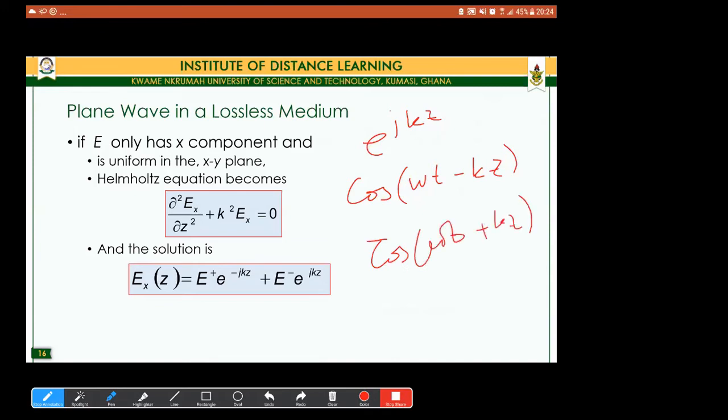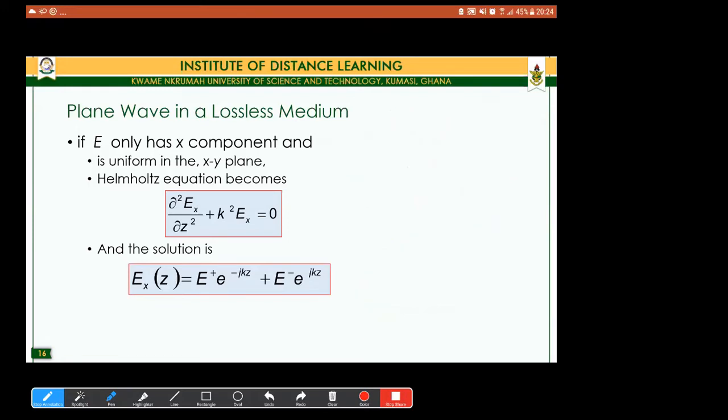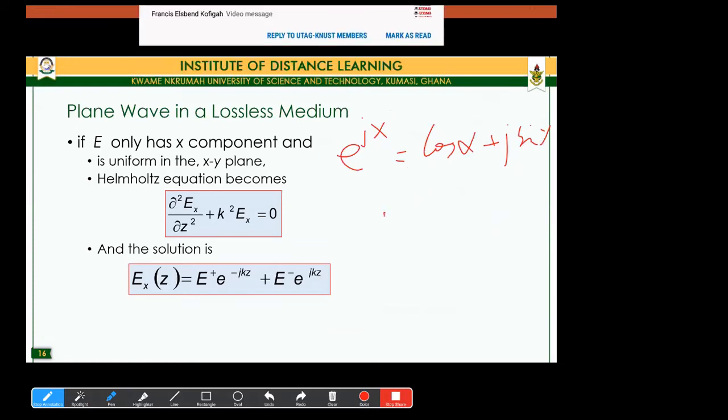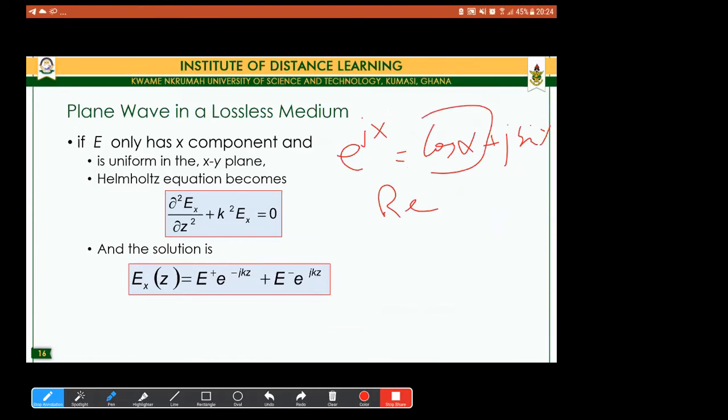Remember what I said about taking only the real parts? Ordinarily, e to the jx is what? Cos x plus j sine x. But I said that we are considering only the real part. And the real part of this is the cos x part.